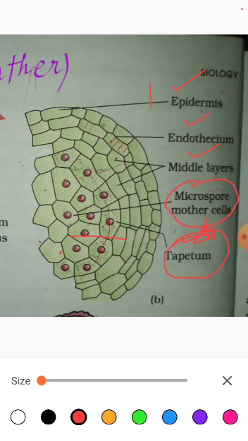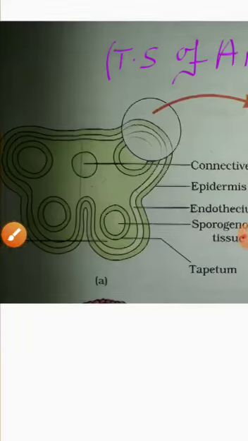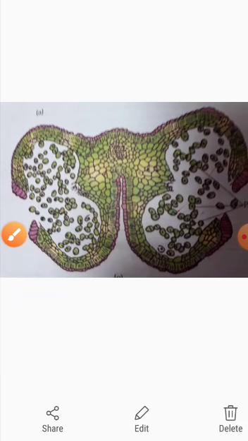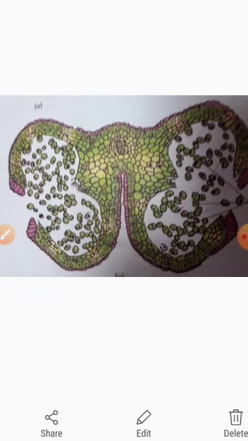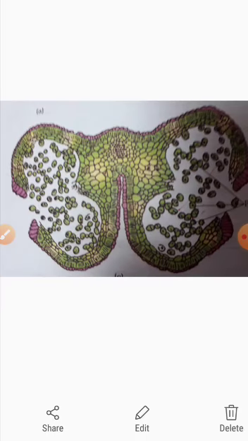Now the next one. See this. Again, this is a diagram showing a mature anther. When the anther is mature, all these small structures are pollen grains. They are also known as microspores.